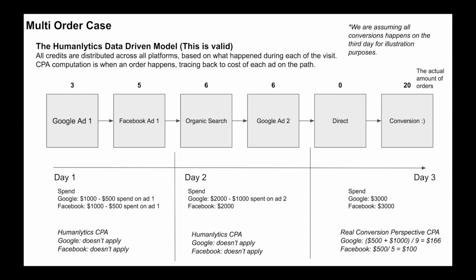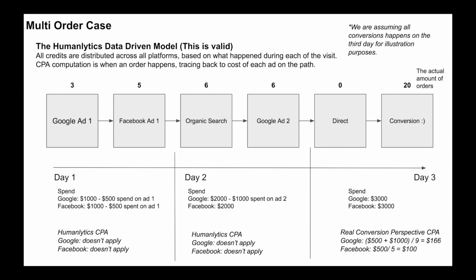The total cost of those 9 credits is 500 plus 1,000, because that is the money you spent on getting those conversions specifically. So your Google CPA is 166. For Facebook, because you spent $500 that resulted in the specific conversions we see, and you get 5 credits for it, your overall CPA for Facebook is 100.